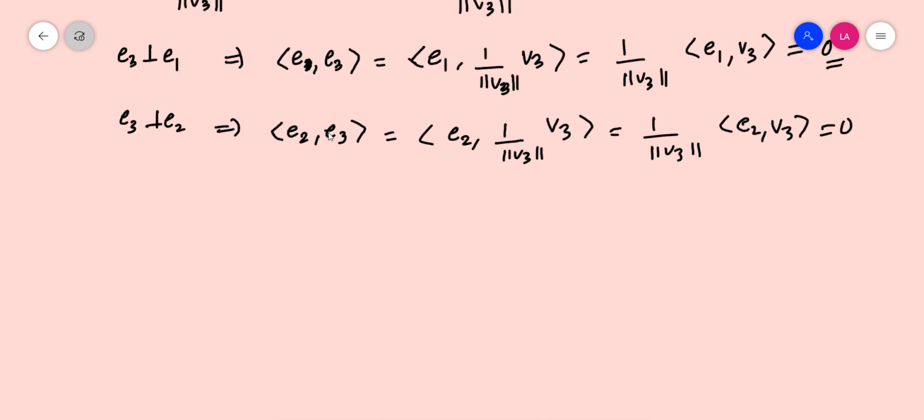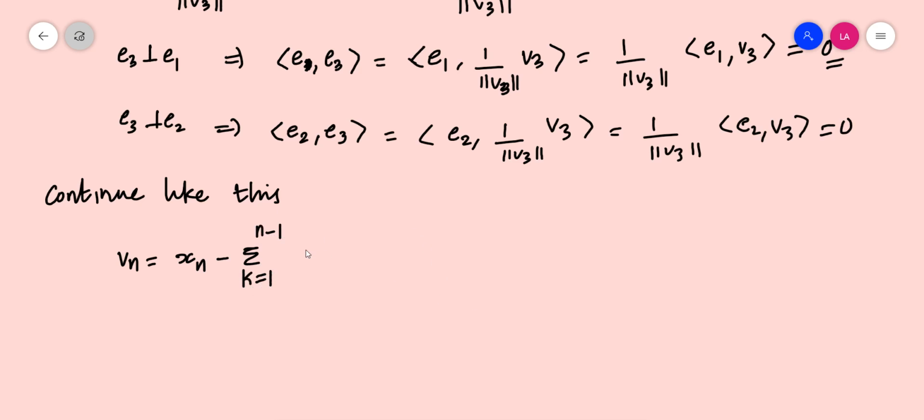So if you continue like this, at the nth stage we can construct, in general, Vn as xn minus summation k equal to 1 to n minus 1 of inner product xn ek times ek.